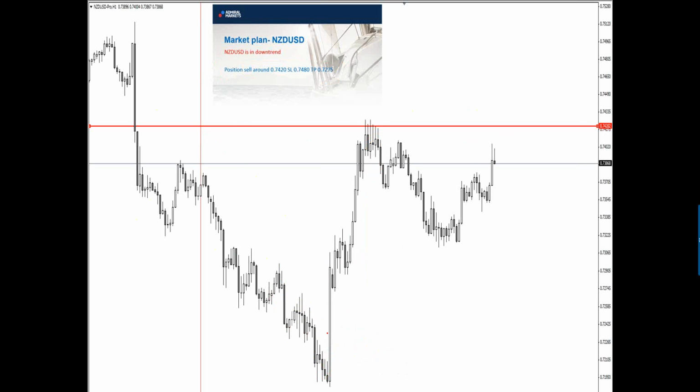It's pulling back, okay, as in this example. So these are rejection candles. These candles show you that at 74.20 there are momentum sellers who are trying to reject the price of this zone, 74.20. You see?